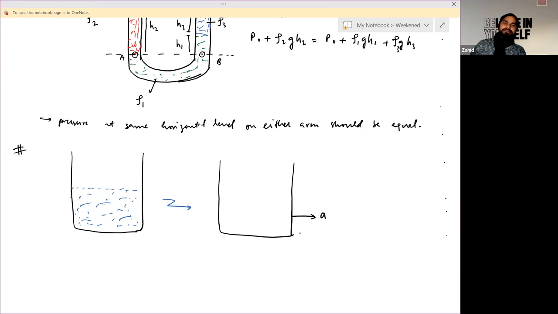Abdul Wahid, you will say, since this container is horizontally accelerated, the level of liquid would change like this.